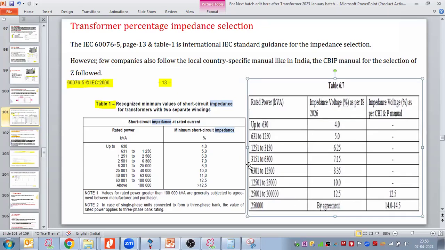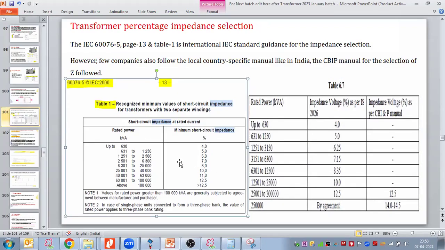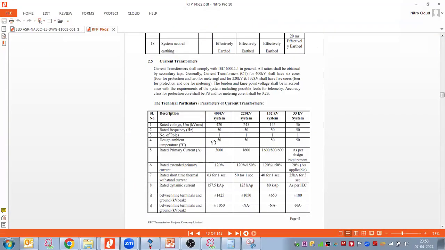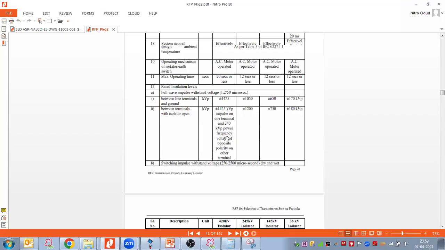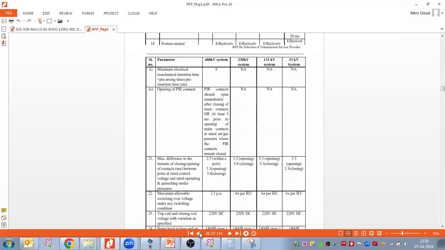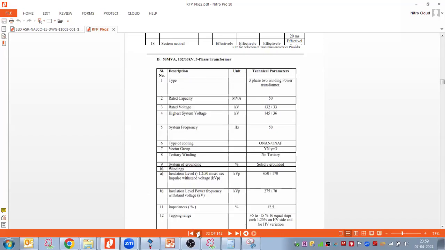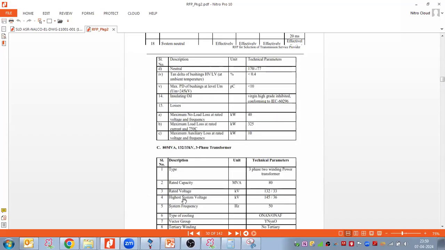Okay, but between LV1 and LV2, will the same value come? No, a different value will come. You can check the specifications here, like the transformer specifications. If you check the impedance, these impedances are altogether different.